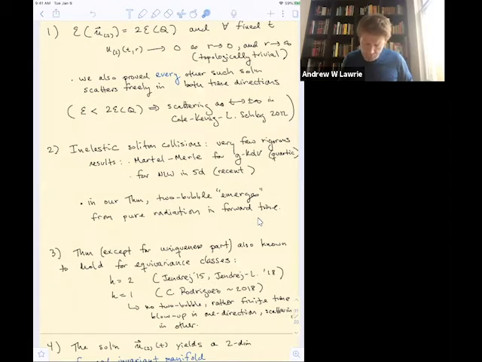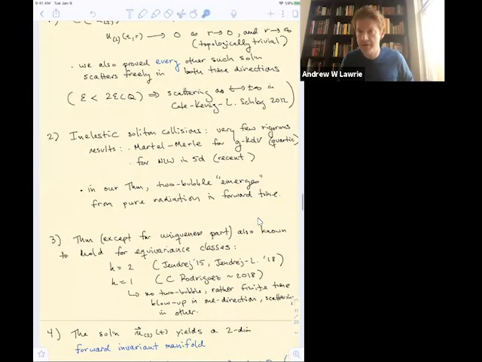And the k equals 1 case a postdoc at MIT handled in 2018. There's no two bubble in k equals 1. In fact, the solution blows up in finite time.